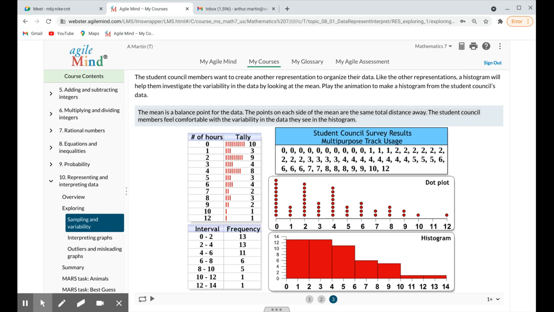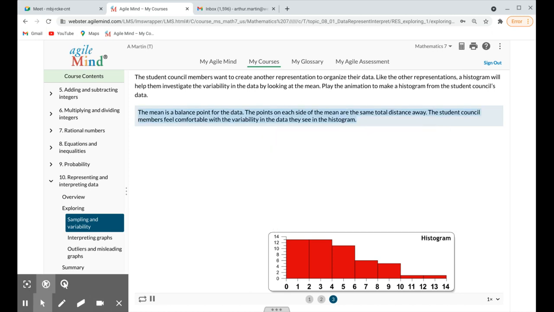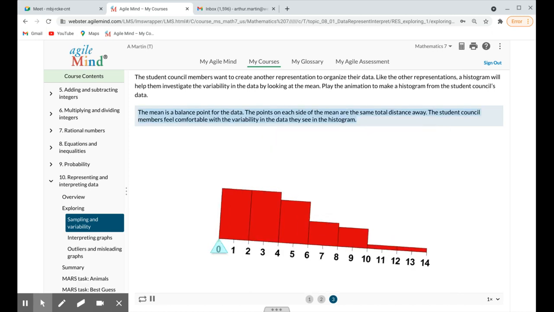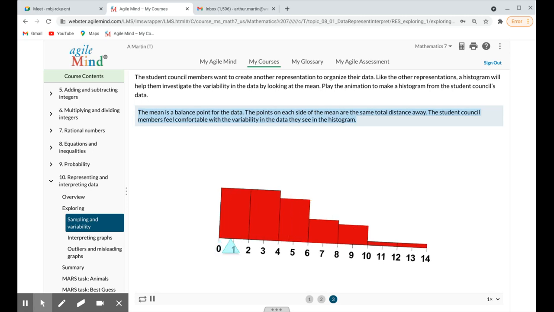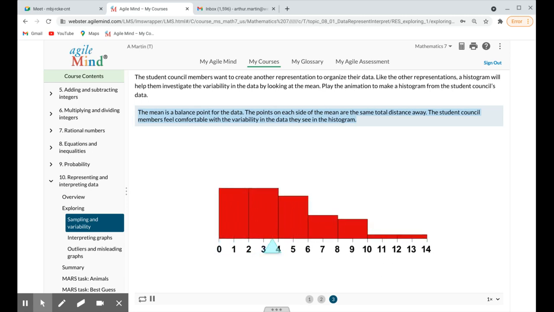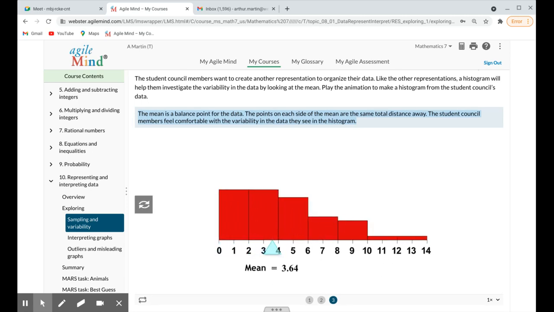All right, so let's see what they mean. Whenever they do that, what's happening? It wasn't really balanced out before, was it? So they're balancing it. Correct. That means half of the data is to the left of the mean and half of the data is to the right of the mean.